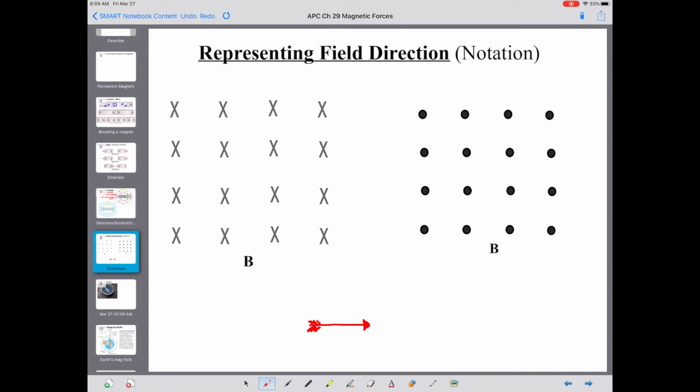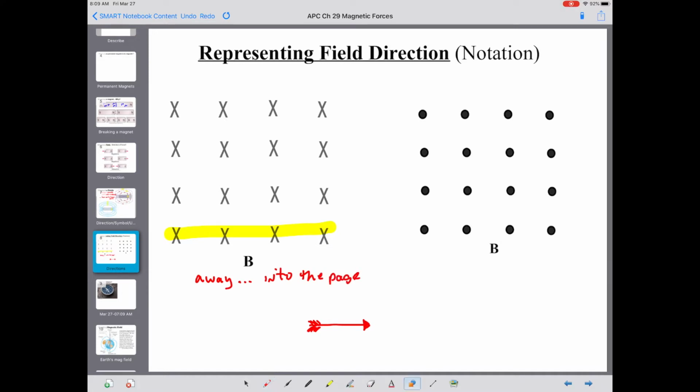The diagram on the left, these X's denote that you're looking down the back side of the arrow, the feathers on an arrow, and so this would denote a field that is going away from you, or more specifically into the page.